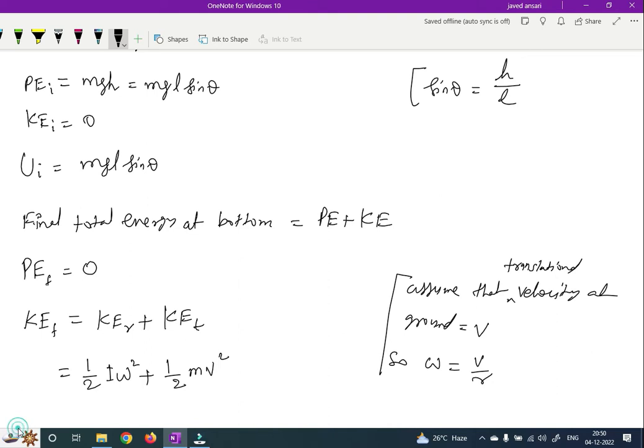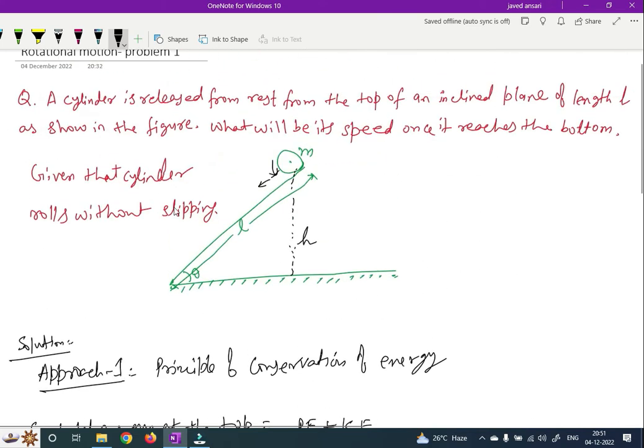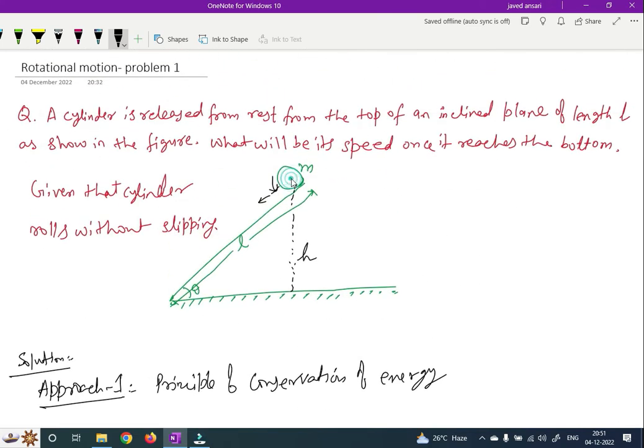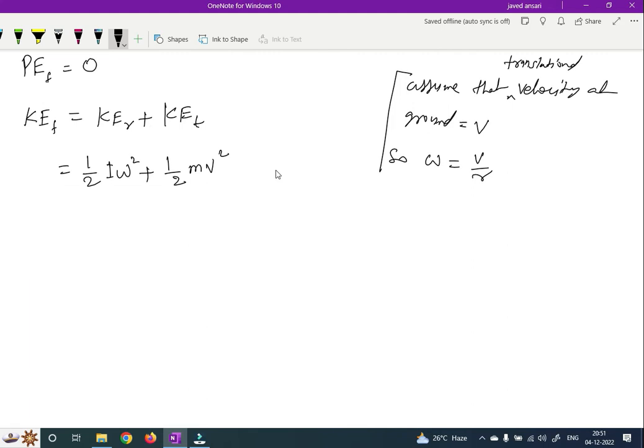Let's put in the values. What is I here? I is the moment of inertia about an axis passing through the center of the cylinder. So what is the value of I? I guess you already know what the value of I is here.